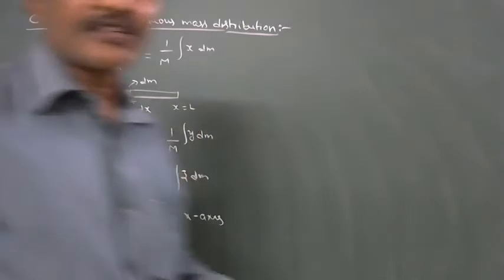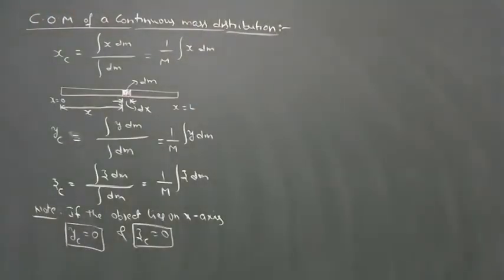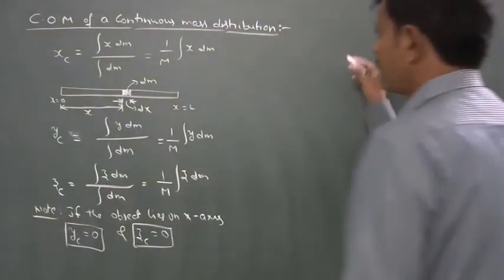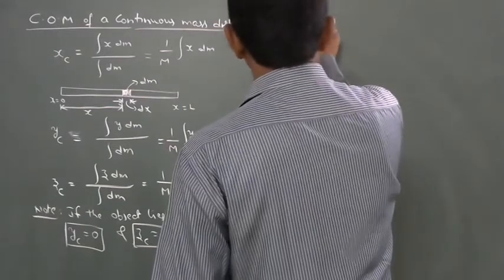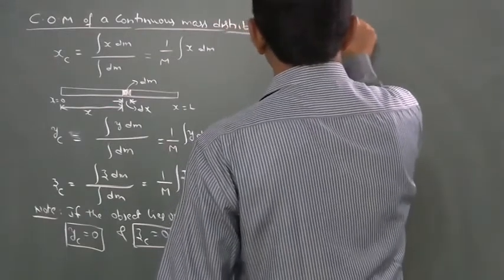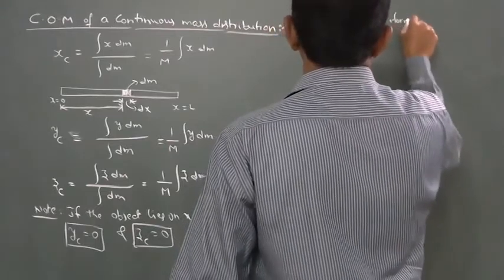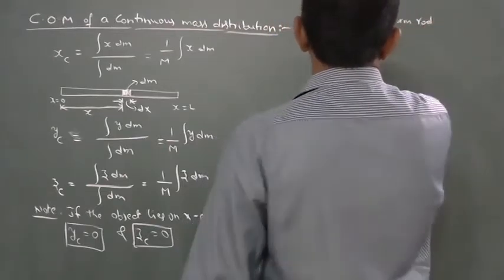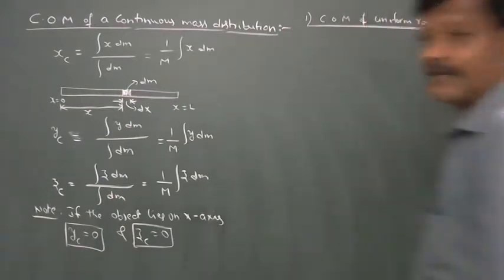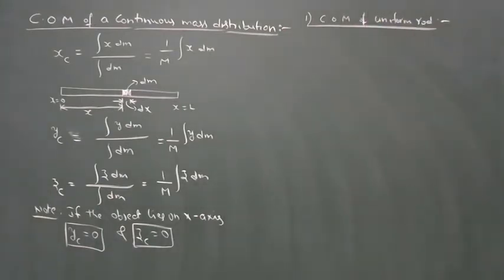Now, by using this concept, let us find the center of mass of a uniform rod. First, the center of mass of a uniform rod.